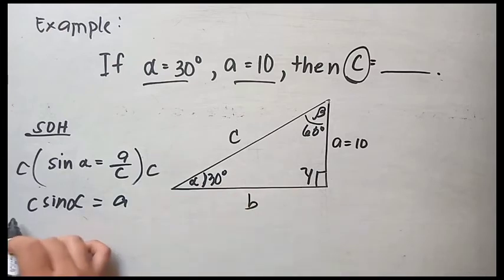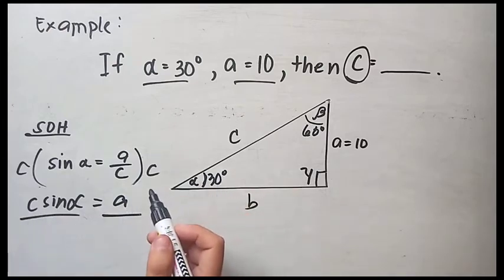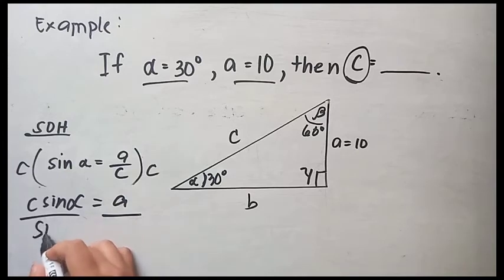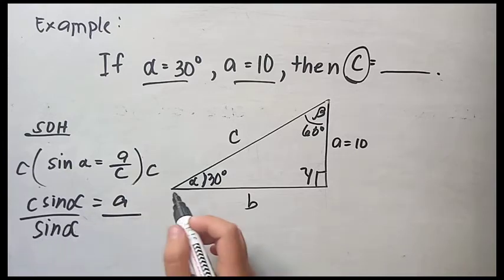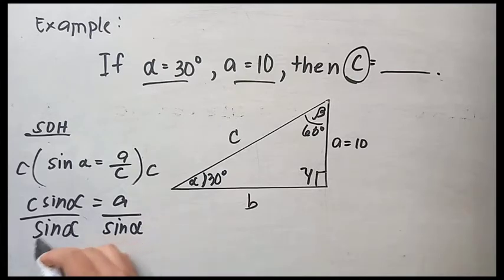Okay? Then, we will divide both sides by, diba ang goal natin is matira yung C dun sa isang side. So, ano yung di-divide natin dito? Okay, very good. That is sin alpha. So, both sides by sin alpha. So, cancel this out. So, C now is equal to A all over sin alpha.